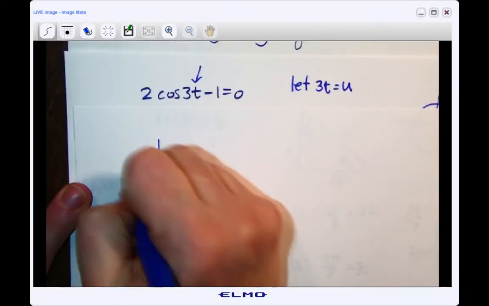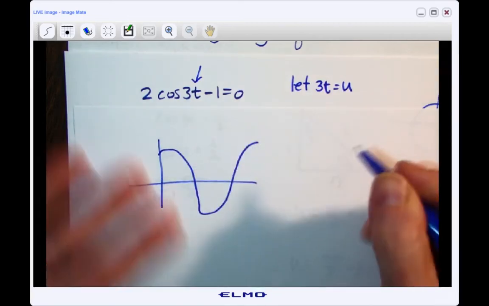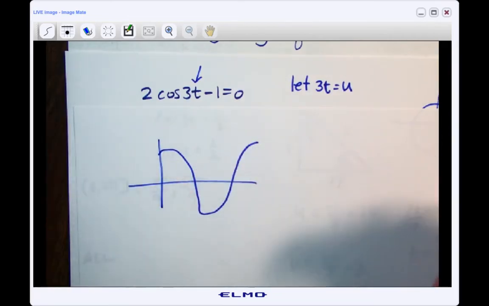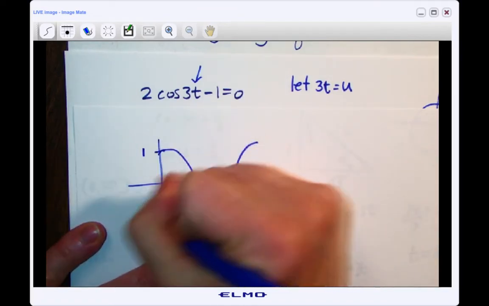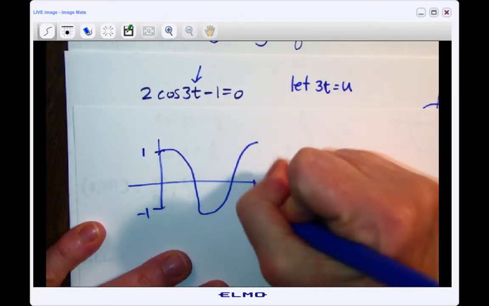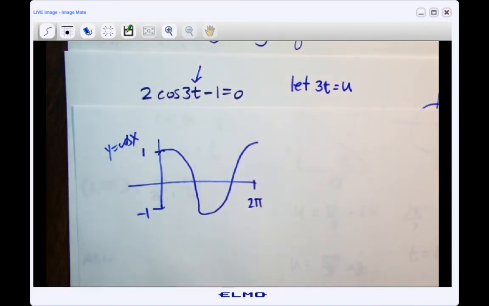So if I had cosine, if this were my cosine, pretend it looks nice, all right? This would have been 2 pi. So if this is y is equal to cosine x. But if this is y is equal to cosine 3x, well, what has to happen?